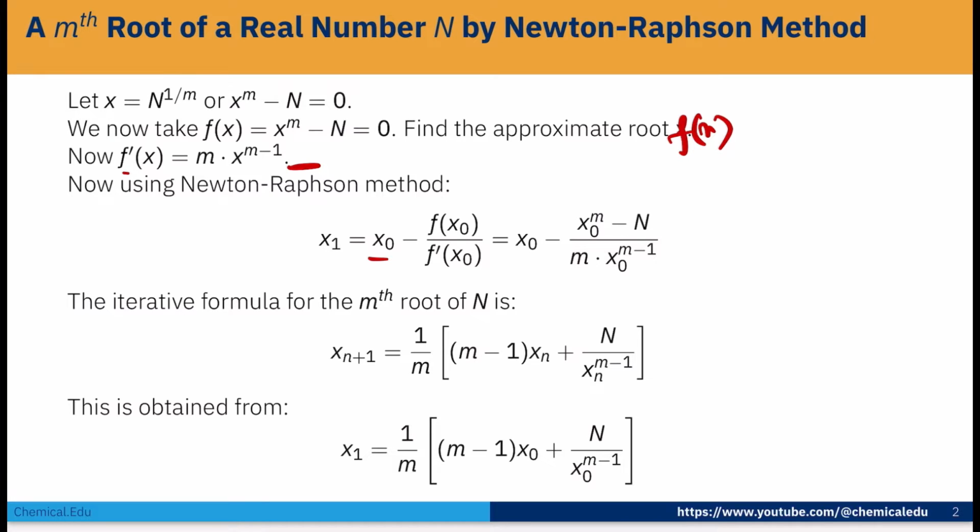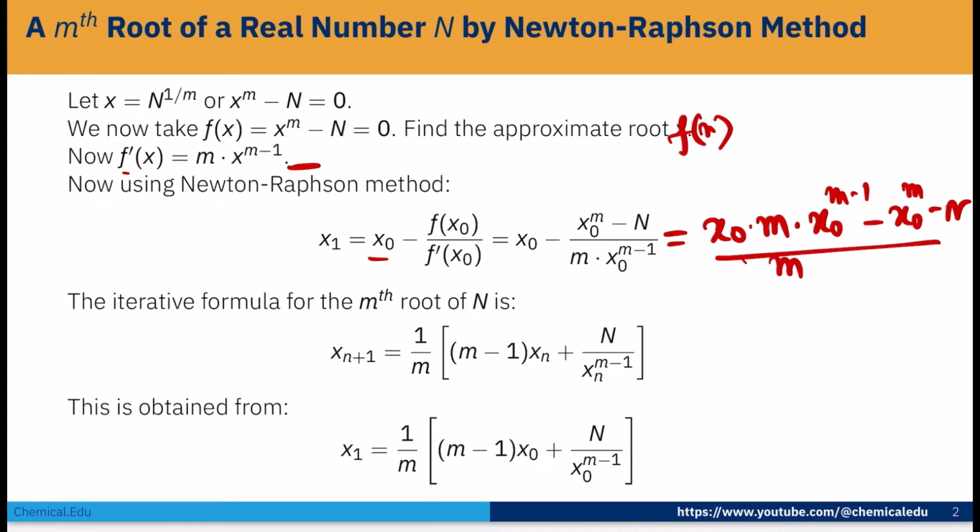Now here if we do the simplification, x0 into m into x0^(m minus 1), then minus x0^m minus n divided by m into x0^(m minus 1). Now if I do the simplification, it will be like 1 by m.